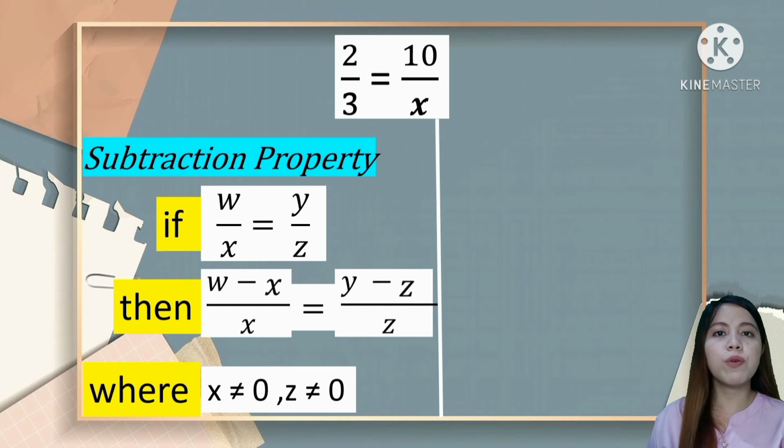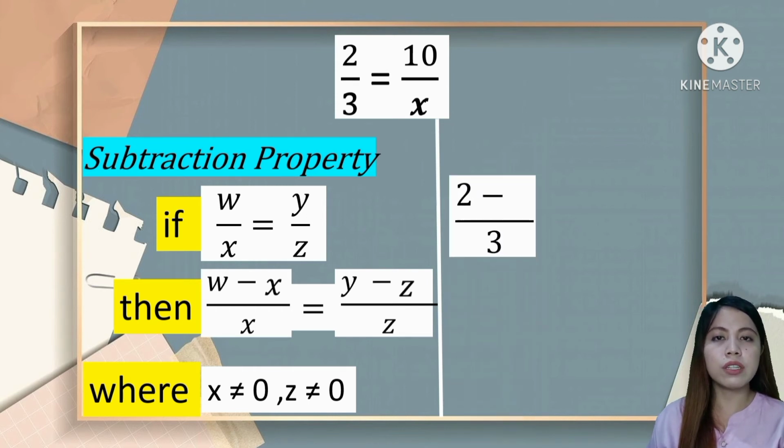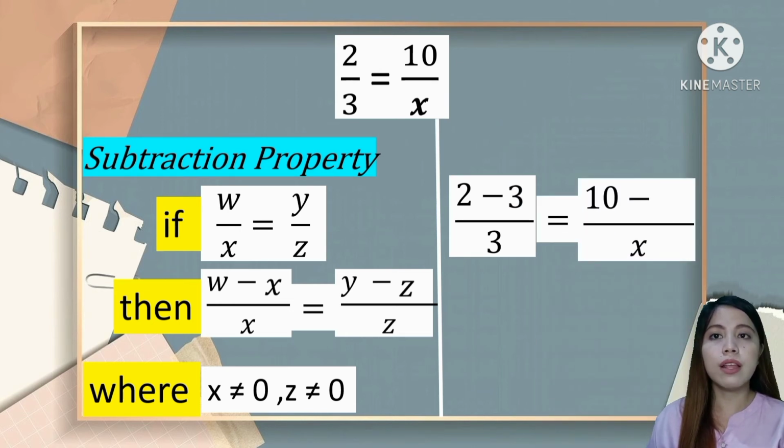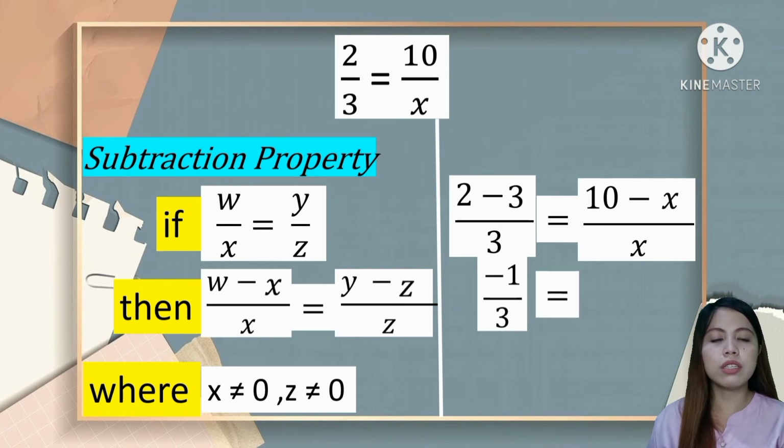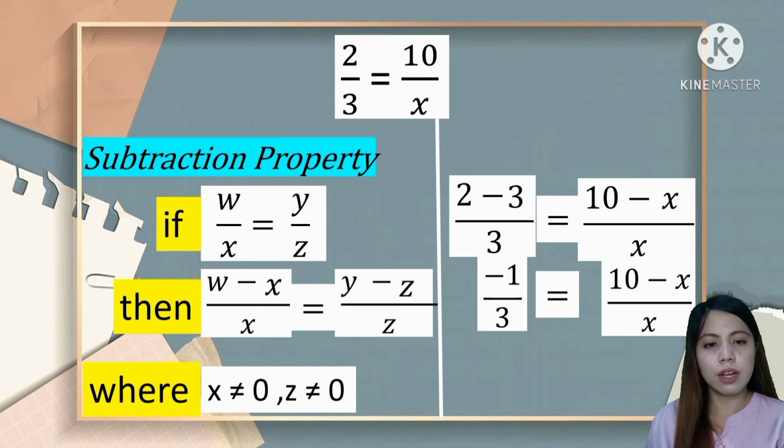Again, we have 2 over 3 is equal to 10 over X. 2 minus the denominator, which is 3, over 3, is equal to 10 minus the denominator X over X. 2 minus 3 is equal to negative 1 over 3 equals 10 minus X over X. Let us use the cross multiplication.